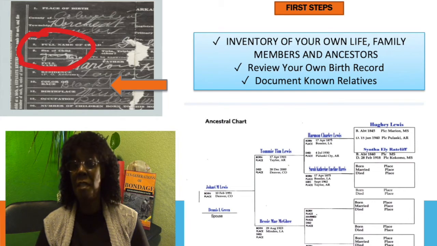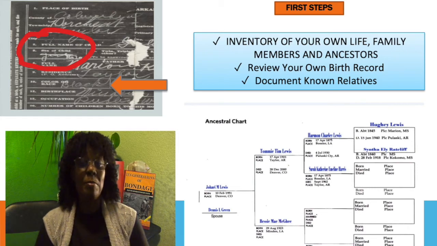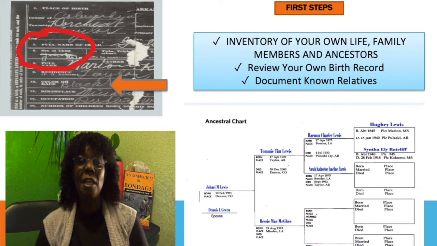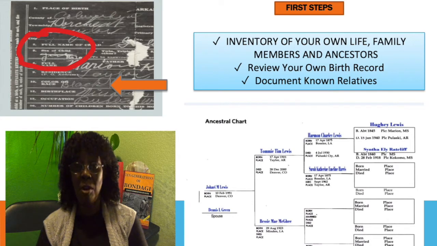It could be an African American person that's listed as white or mulatto or Mexican. I've seen that. It depends on who is drawing up that document and how much they know about you, besides just looking at you and making a determination about what you are.